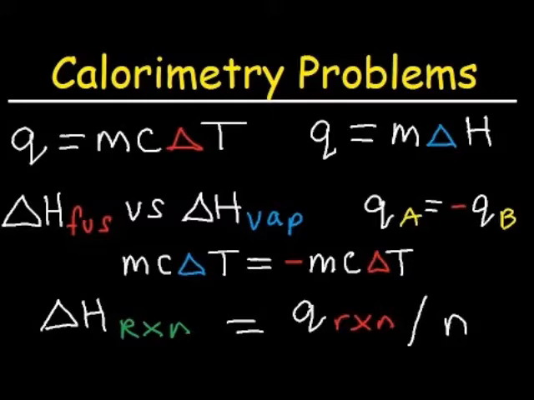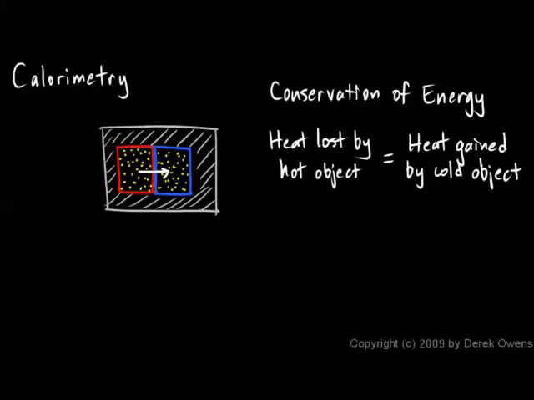The specific heat of water is 4.184 joules per gram Celsius, and the specific heat of lead is 0.128 joules per gram Celsius.